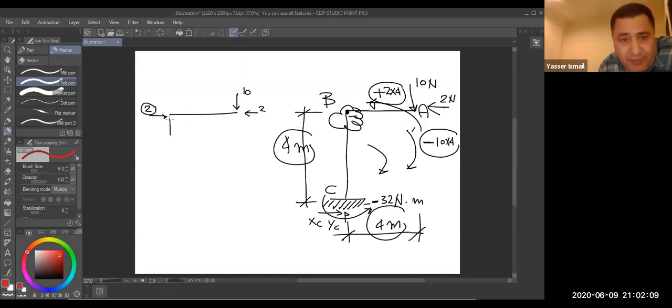Is equal to 10. And the moment, this force makes a moment in this direction. So to make reaction and make it stable, that is the moment. You tension the upper fiber, right? Yes, because the upper fiber here is in tension. This is 10 multiply 4 minus 40. Here is minus 40.